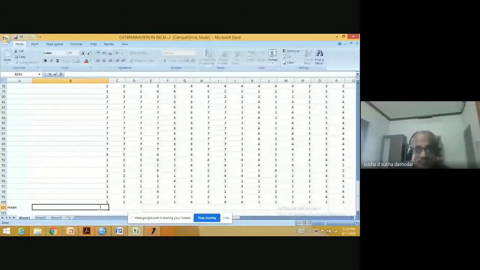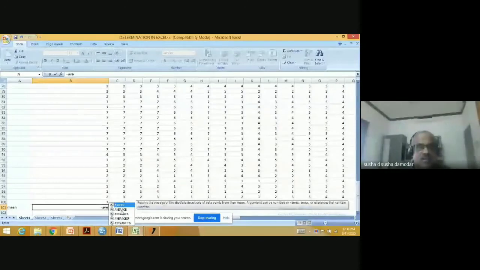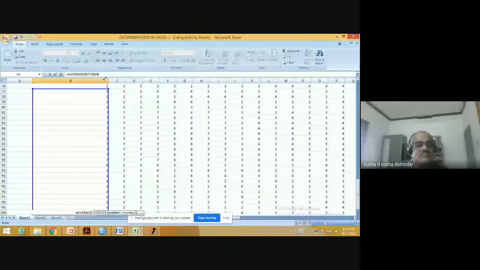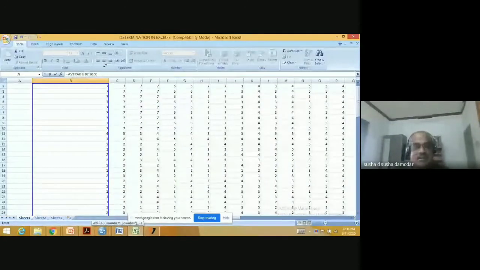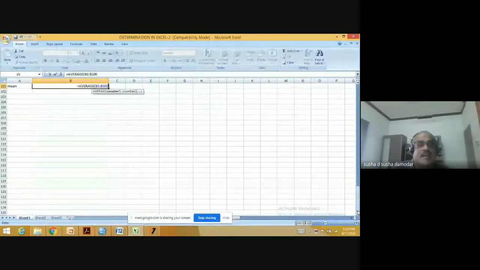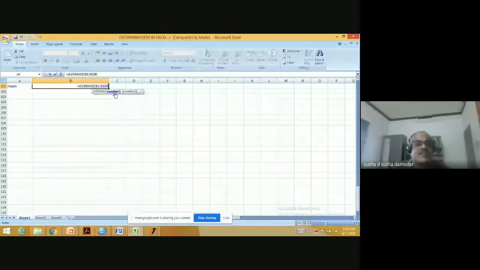Once again, is equal to average. We select the first row and all the observations in the first column. Bracket close, enter.